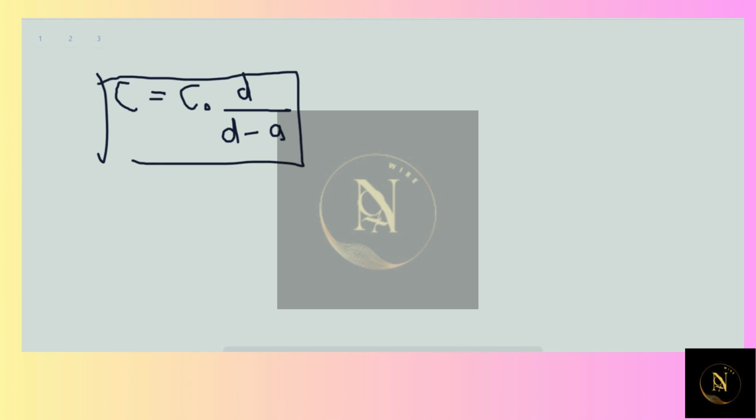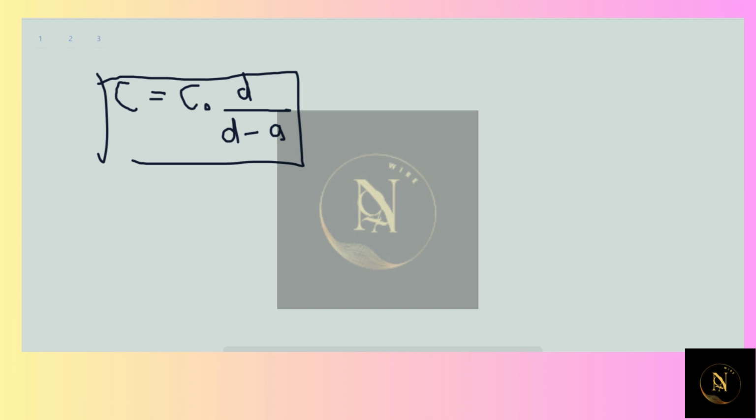C equals C naught times d divided by d minus a. We need to find what happens to the net capacitance in the limits a tends to 0 and a tends to d.